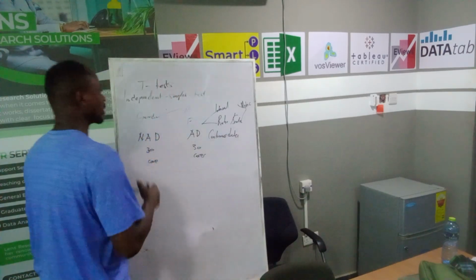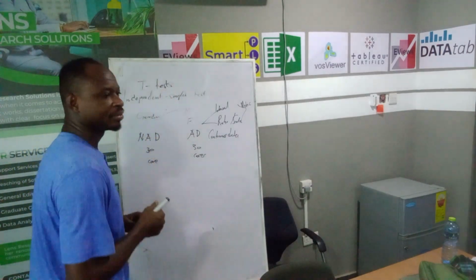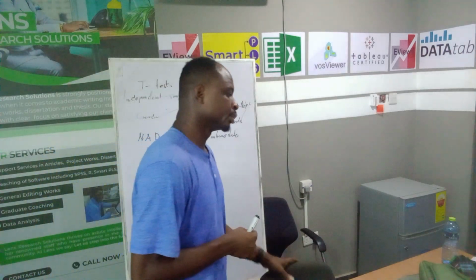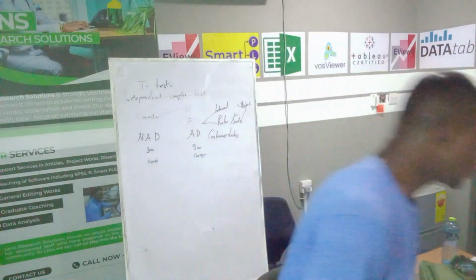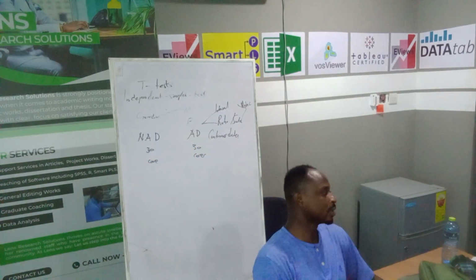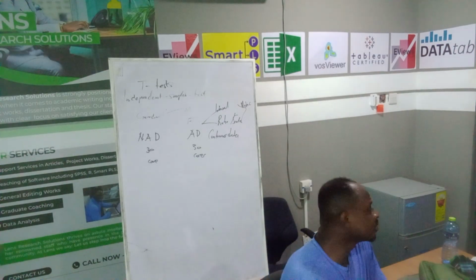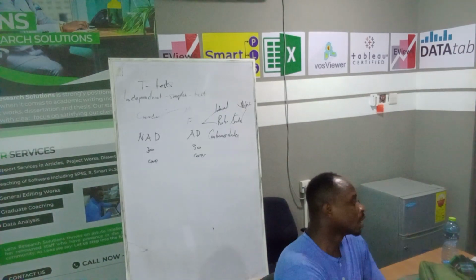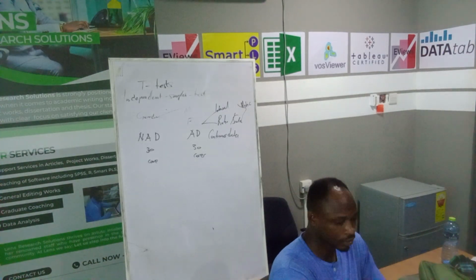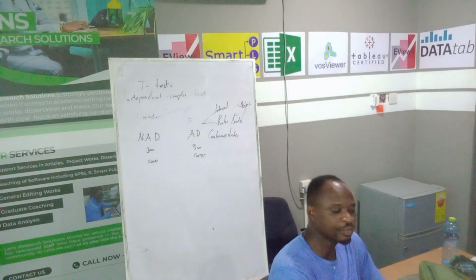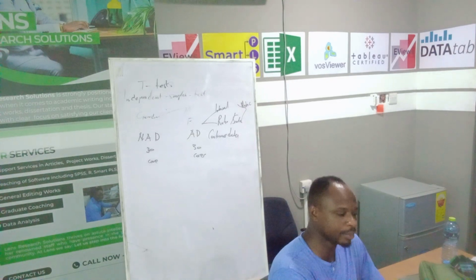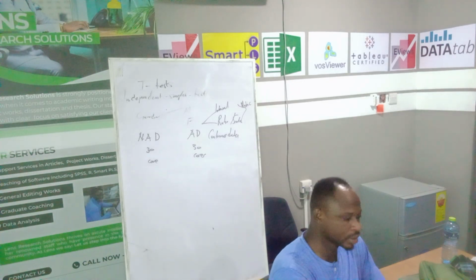So these are some of the assumptions that we have to look at when we want to use the independent samples t-test. But the key feature is that the dependent variable should be continuously measured, and the grouping variable should have two categories. If it meets that, then you can use the independent samples t-test.